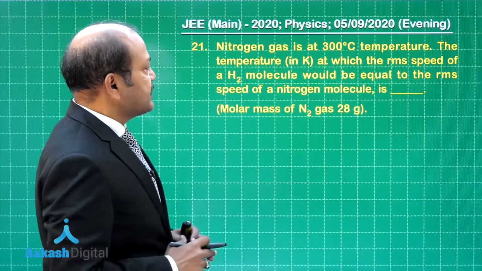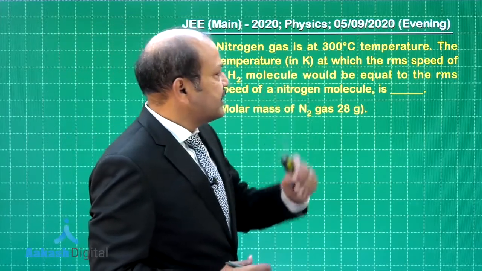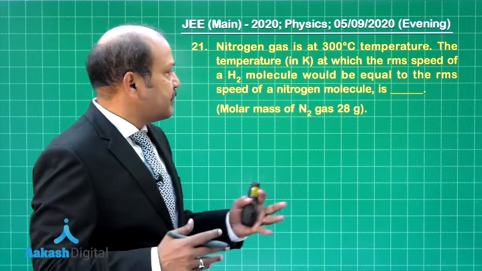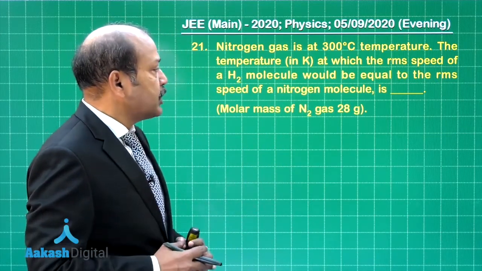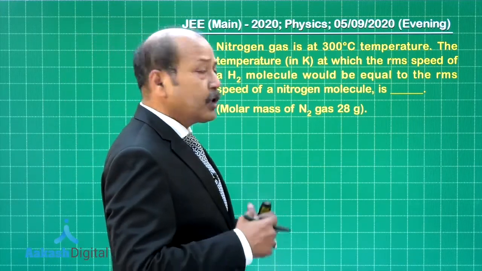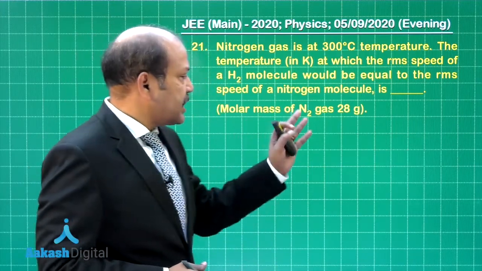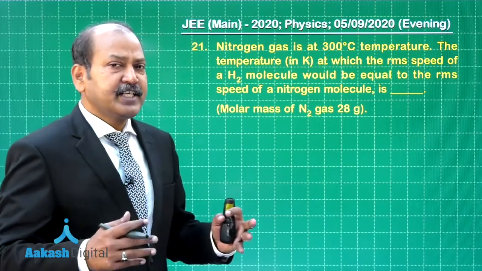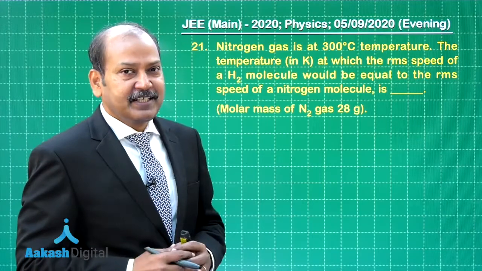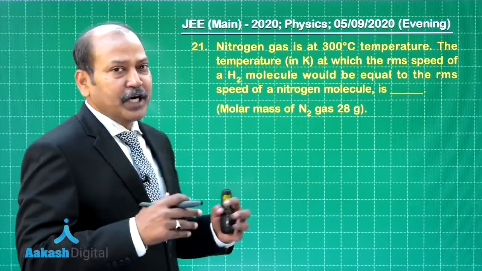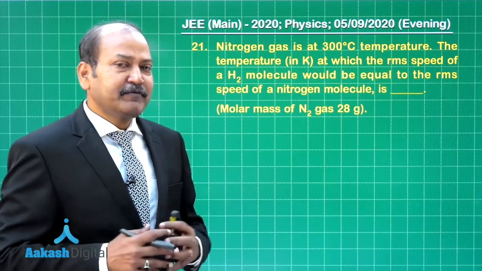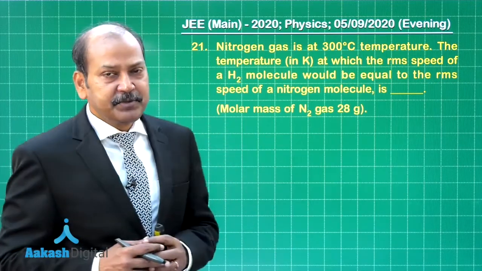Question 21 says nitrogen gas is at 300 degree centigrade temperature. The temperature in Kelvin at which the RMS speed of a hydrogen molecule would be equal to the RMS speed of a nitrogen molecule is. The molar mass of nitrogen gas is given as 28 gram. We know that the molar mass of hydrogen gas is 2 gram. The question is from the topic kinetic theory of gases, and it is about the RMS speed.